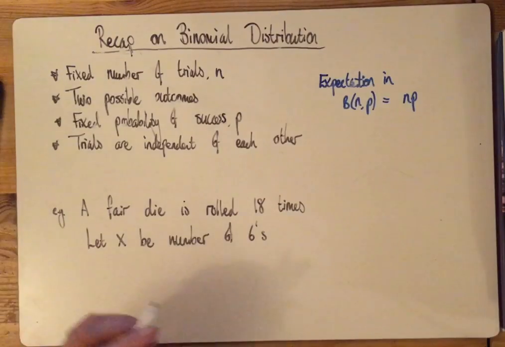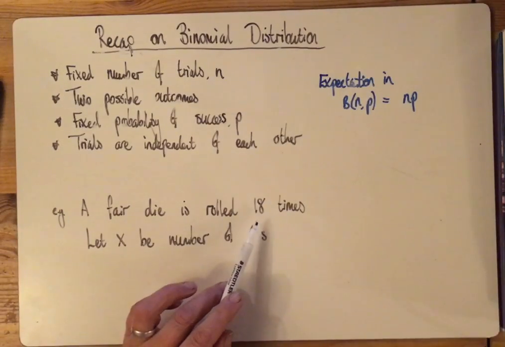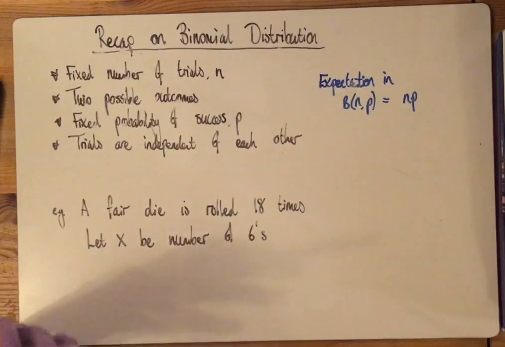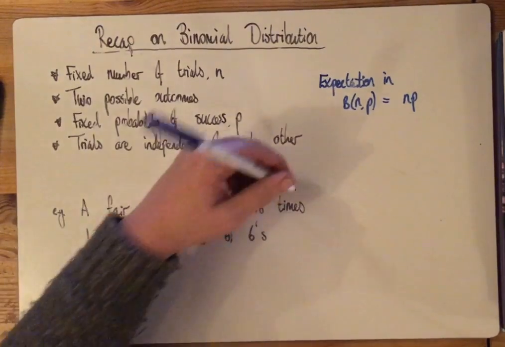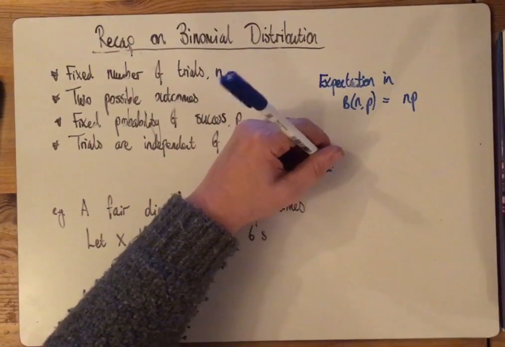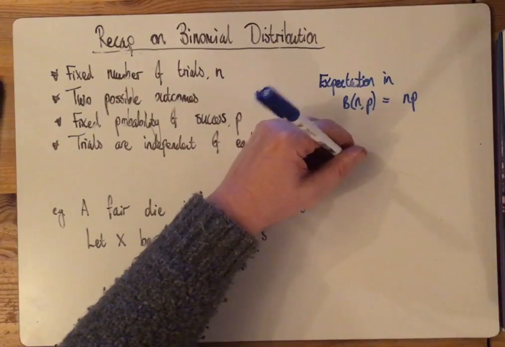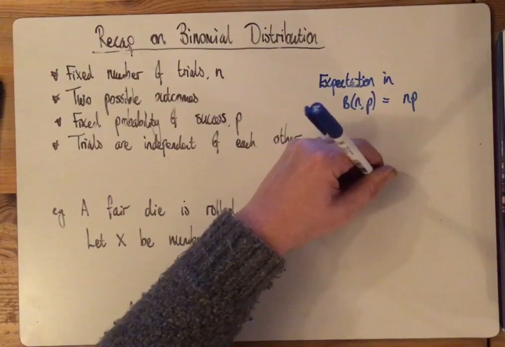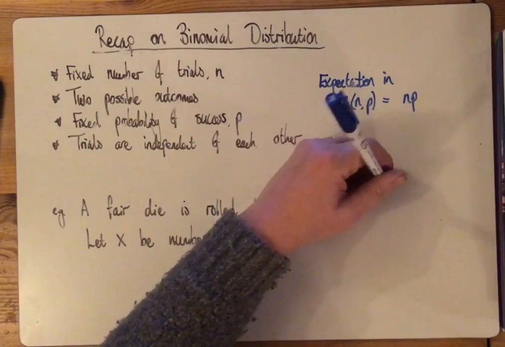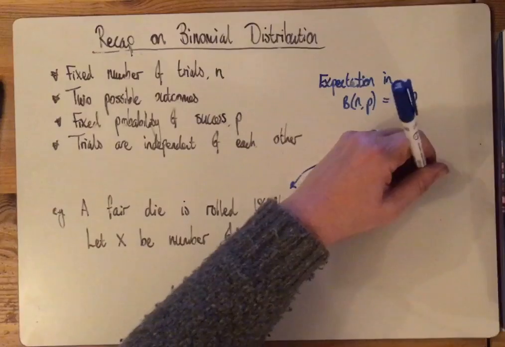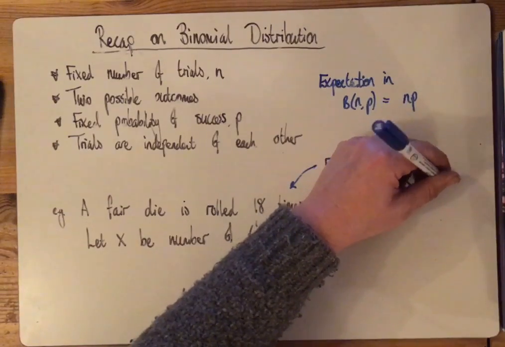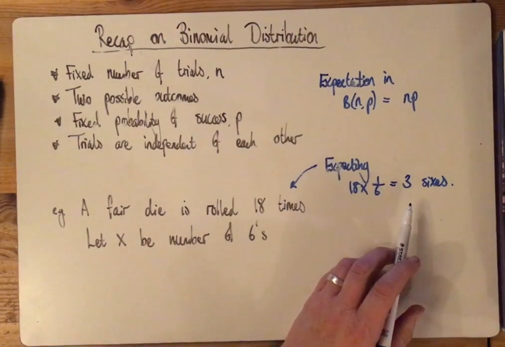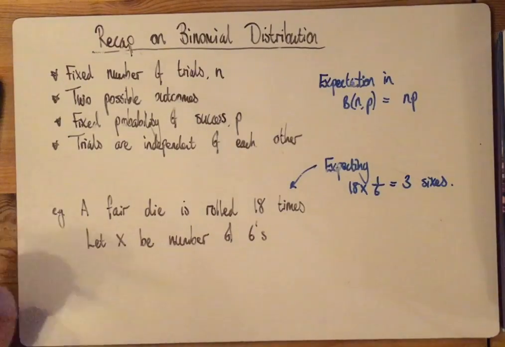So if you roll a fair die 18 times, the probability of getting a 6 is a sixth, then you're expecting 18 times a sixth, so that's my np, which is equal to 3 sixes. So that's the outcome with the highest probability, and then it'll dip down each side.